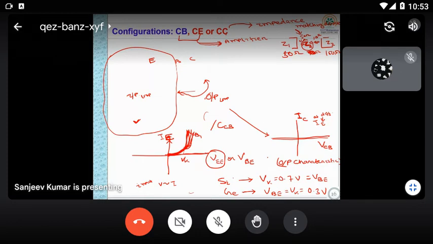This common collector configuration provides this feature. Why? Because input and output impedance are different for common collector configuration, so that feature we can utilize for impedance matching purposes.